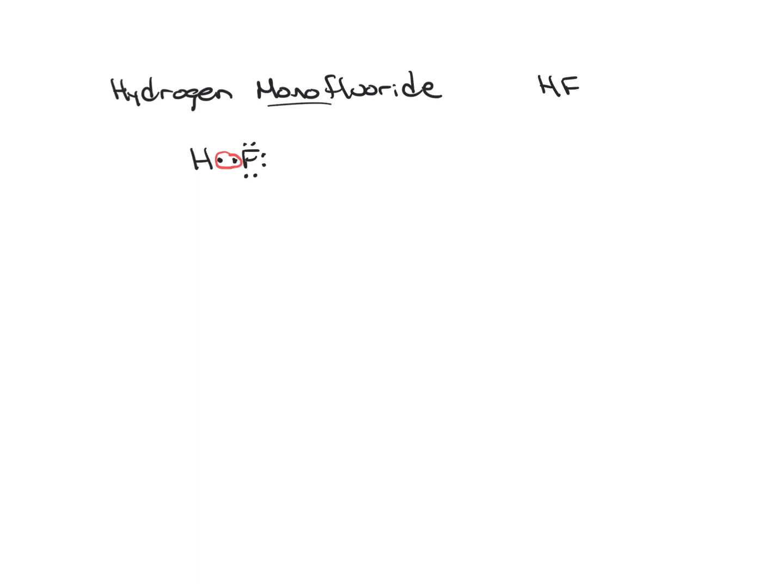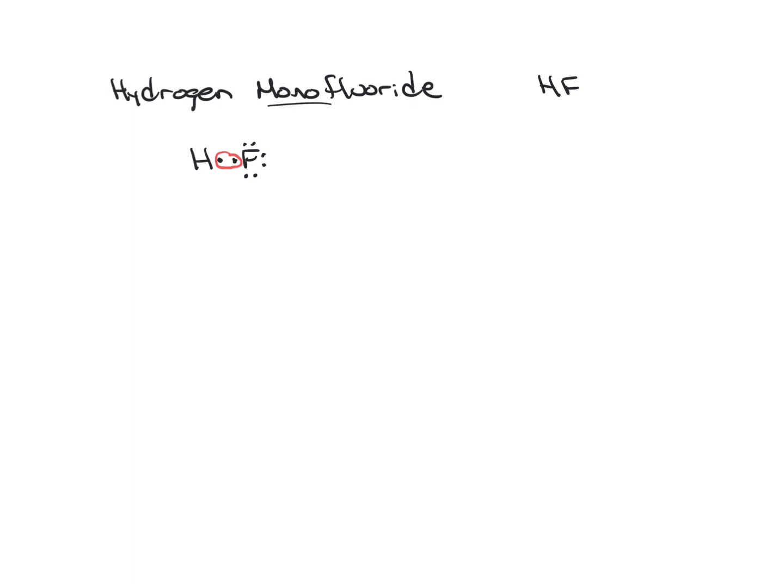These two are going to end up sharing. So hydrogen will now have access to 2 electrons, and so it actually has a full outer shell now because 2 electrons is all it takes to fill up its first shell. And fluorine now has access to 8 valence electrons. So both of these atoms are now stable. So they have made a covalent bond.